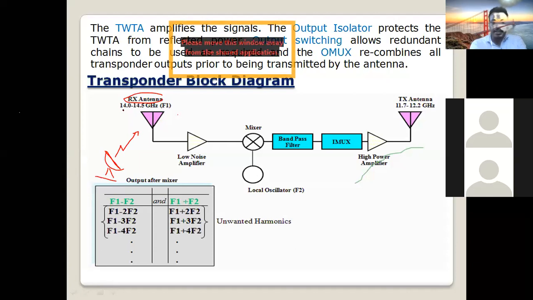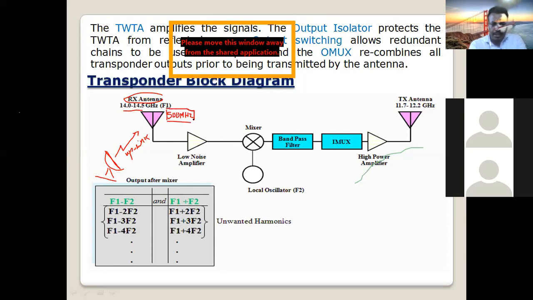In this case, the frequency range is from 14.0 up to 14.5 gigahertz. So total bandwidth is 500 megahertz. How much bandwidth? 500 megahertz bandwidth. This is our uplink. Uplink, not downlink. So uplink from the Earth station on the ground, this much frequency range. If you subtract 14.0 from 14.5, you will get 500 megahertz bandwidth.